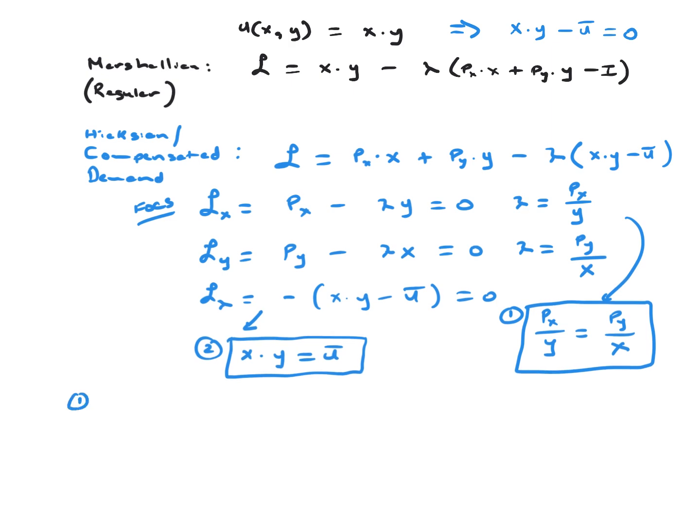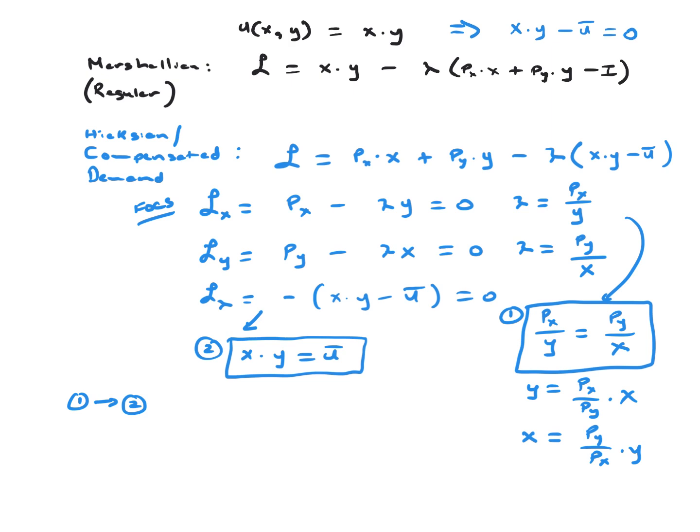So to find compensated demand functions, to finish this process off, I need to plug versions of equation one into equation two. So you'll notice if I solve this explicitly for y, I am going to get the following expression. If I rearrange this to solve explicitly for x, then I get that expression.